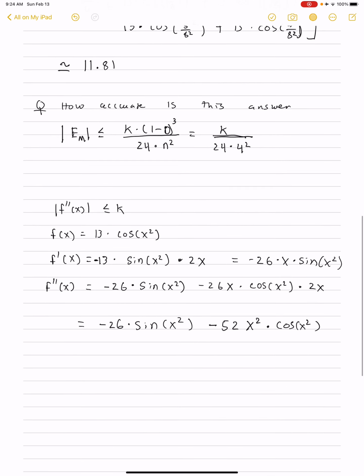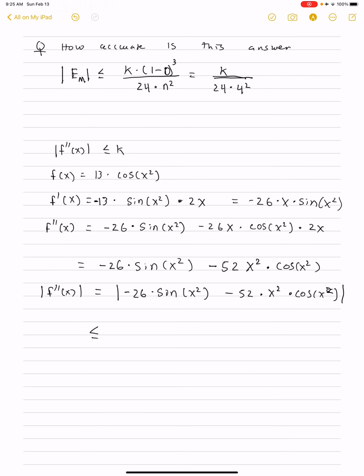Well, for the absolute value of f double prime of x, we need to find something that this is less than or equal to. This is equal to minus 26 times sine of x squared, minus 52 times x squared times cosine of x squared. And that's less than or equal to the sum of the absolute values of each term.